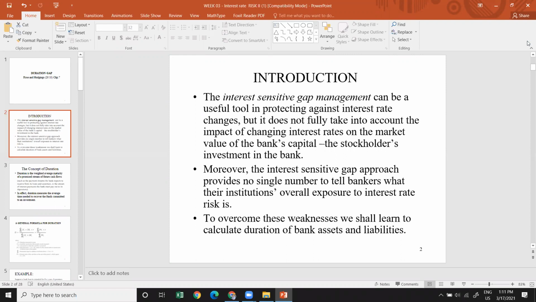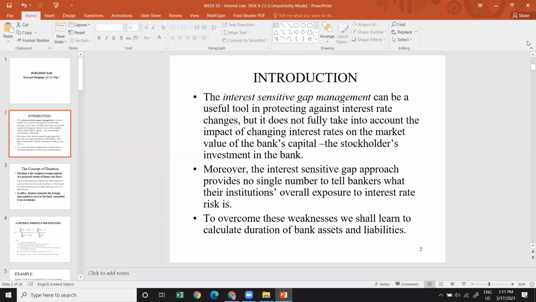In order to overcome these disadvantages, we shall learn some additional instruments that will help us to protect against changes in the interest rate, to reduce the exposure of the financial institution against interest rate changes.